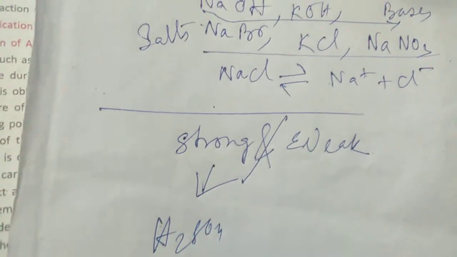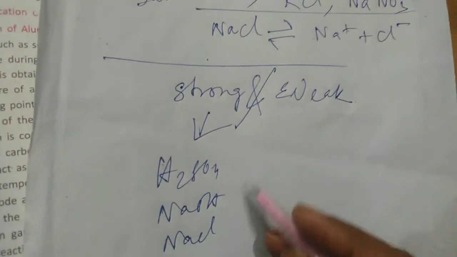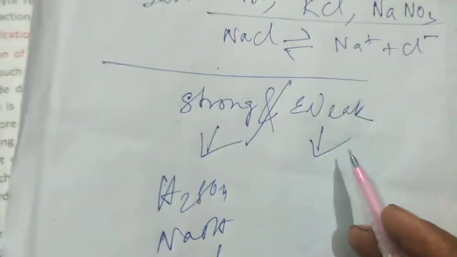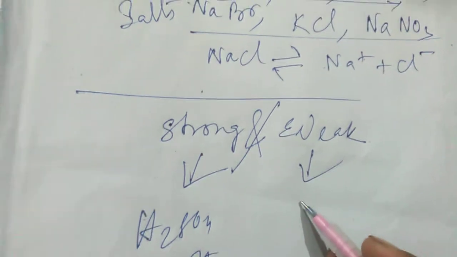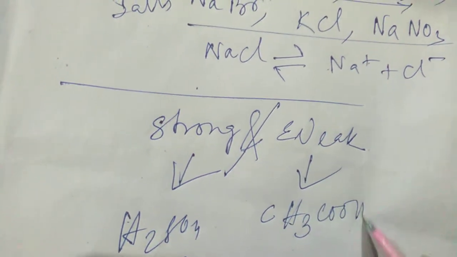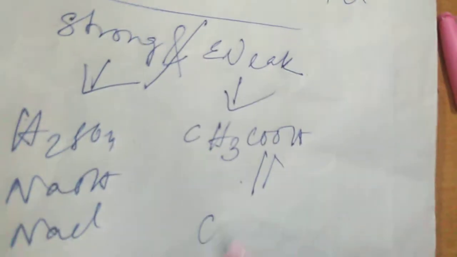What are weak electrolytes? H2SO4, NaOH, NaCl, all these are strong electrolytes. And weak, which ones? The compounds which produce not so many oppositely charged ions are weak electrolytes. As for example, CH3COOH, acetic acid, it produces CH3COO minus and H plus.